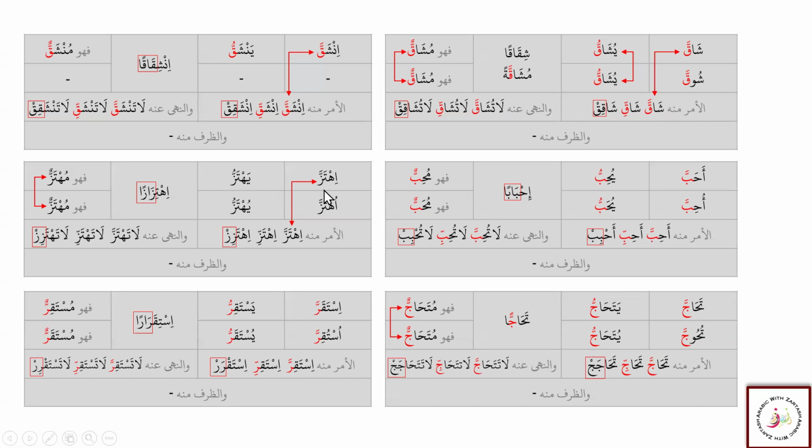Then we have ihtazaza for Iktaraba, it becomes ihtazza, yahtazzu. And for the Istaghfara family, istakarara becomes istaqarra. So this is for mudaf, when the second and the third letters are the same, and we fuse them together to get these types of patterns for irregular sarf.